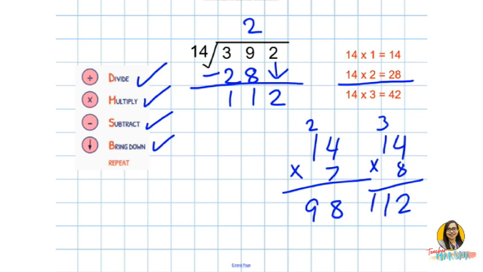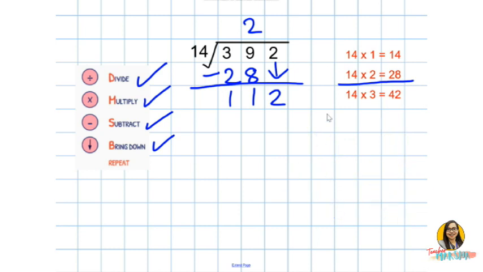So we've already got the answer here. 14 times 8 is equal to 112. That means 112 divided by 14 is equal to 8. So we're going to write 8 beside 2. Again, 112 divided by 14 is equal to 8.